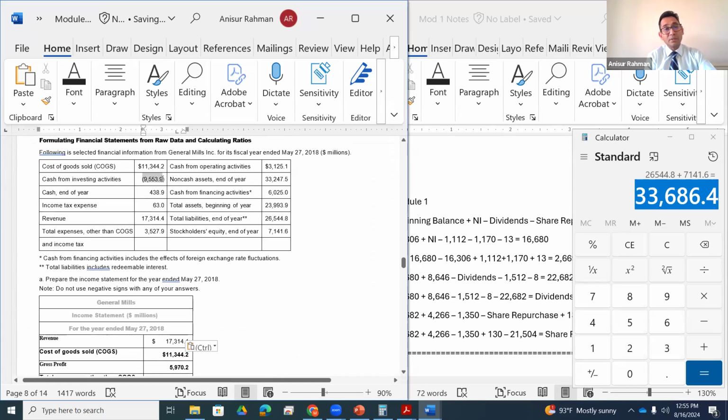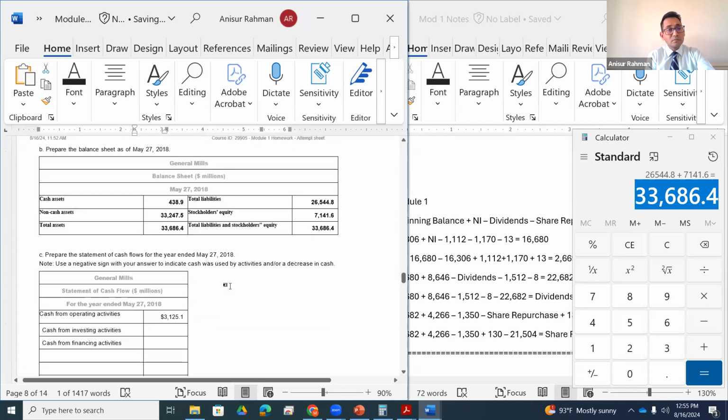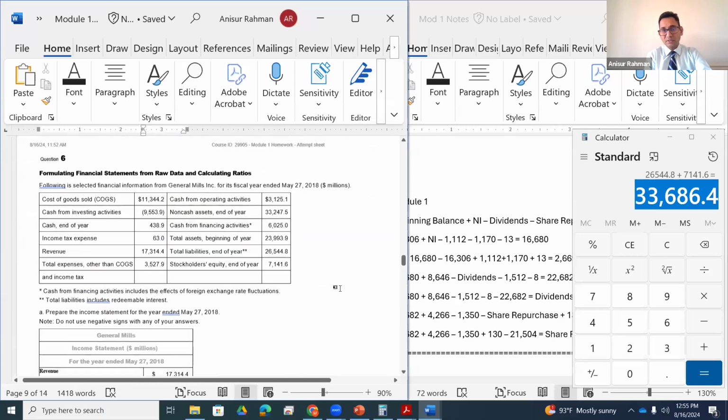This one is a negative number, okay? And it also says use a negative sign to indicate cash was used by activities and or a decrease in cash, okay? Cash from financing activities.